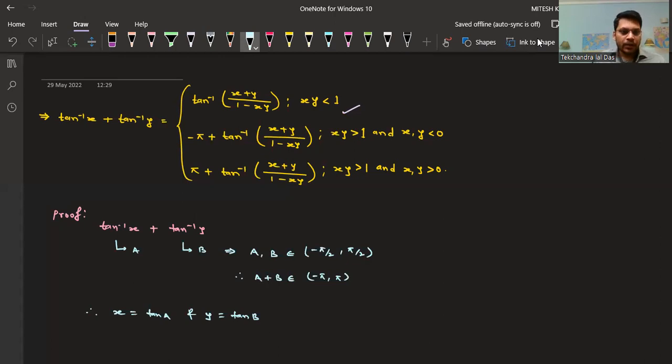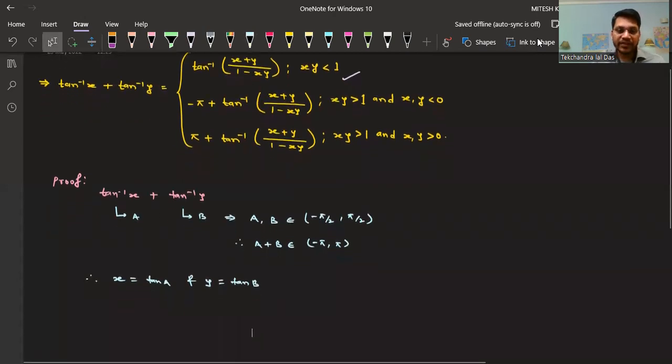Now we also have to write the relation between a and b here. I mean to say we have one formula, tan of a plus b. Do you know that formula? Tan of (a plus b) is (tan a plus tan b) by (1 minus tan a tan b).